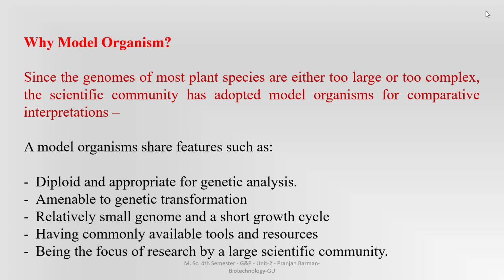Commonly available tools and resources, meaning they should already have some resources available. Literature must be available about that organism. We should know in detail about that organism. Then only can we call an organism a model organism, and we can start sequencing. It should be the focus of research by a large community.